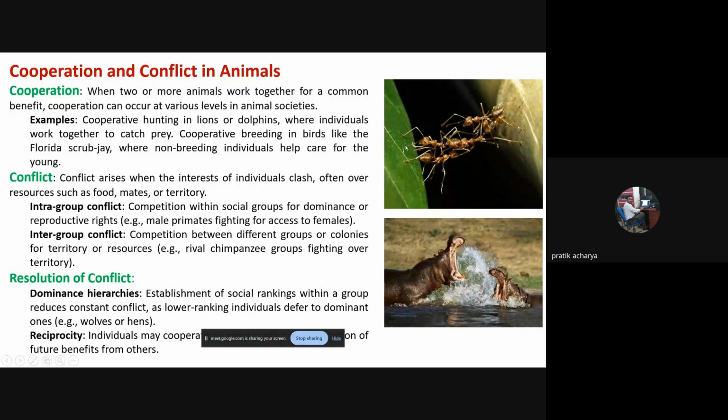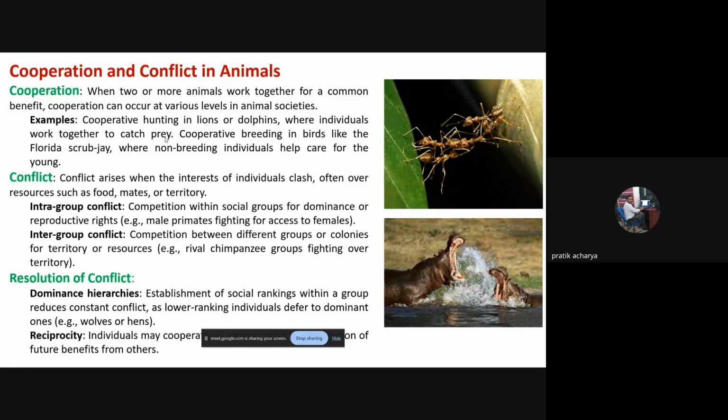That is the advantage of this cooperation. Cooperative hunting in lions or dolphins, where individuals work together to catch prey, is another example we often see on the National Geographic Channel. Single animal hunting and cooperative animal hunting.